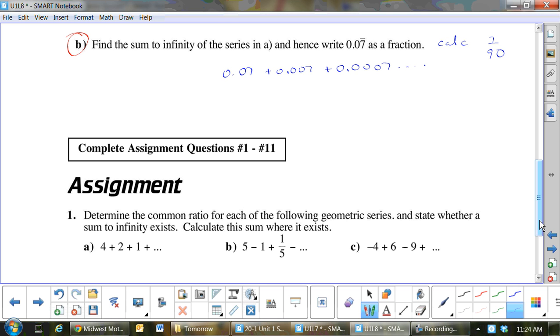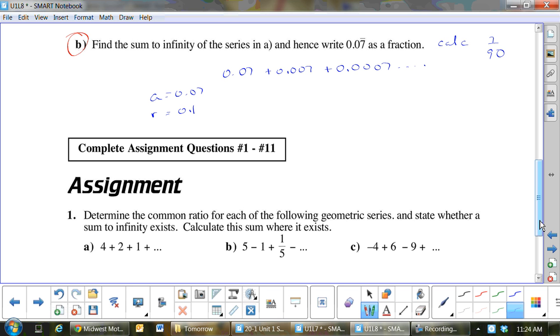Now what is my A? So A equals 0.07. What's my R? Not 10, because 10 times 0.07 is 1 over 10, which is 0.1.